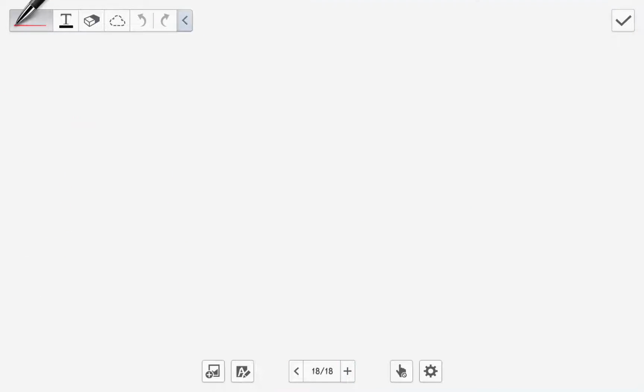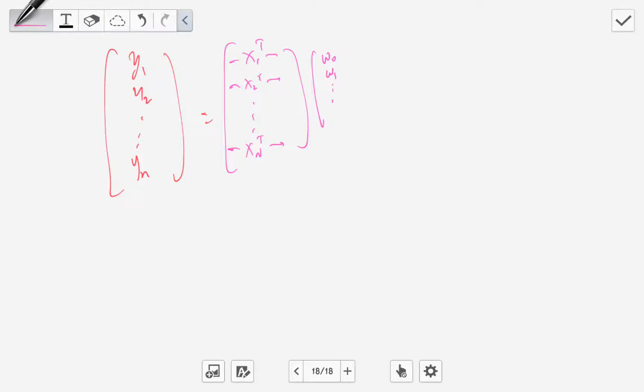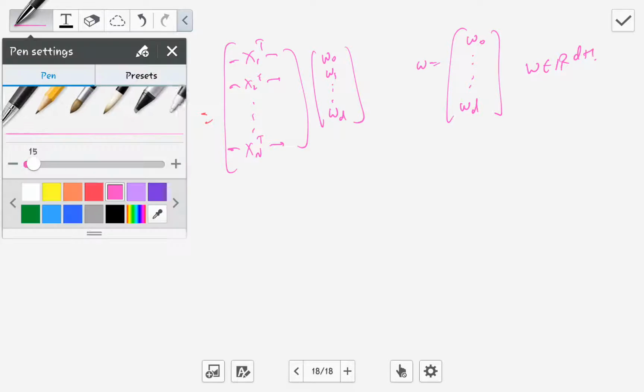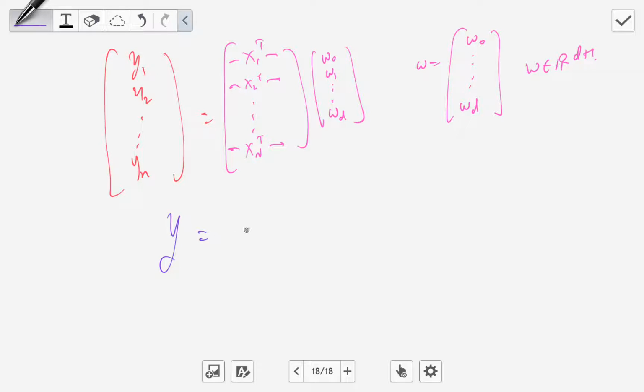So now we can write this entire expression y1, y2, so on up to yn is equal to x1 transpose, x2 transpose, so on up to xn transpose times w0, w1 to wd. If I denote this w0 to wd as the matrix W, where W also belongs to R D plus 1, then I can always write this as y is equal to Xw, or Xw is equal to y.